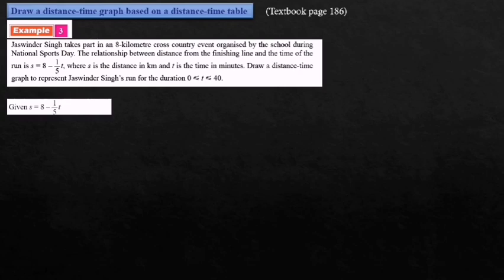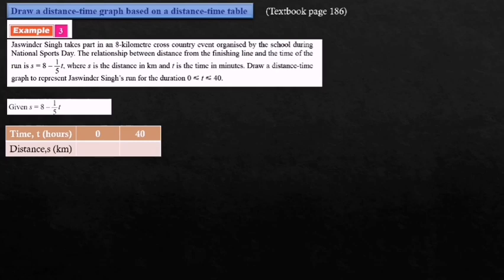Draw a distance time graph to represent Jaswinder Singh's run for the duration t greater or equal to 0, t less or equal to 40.